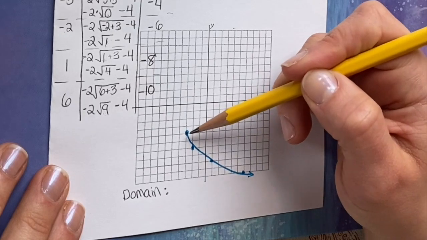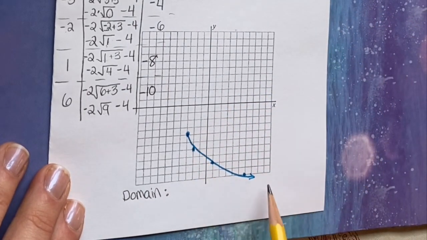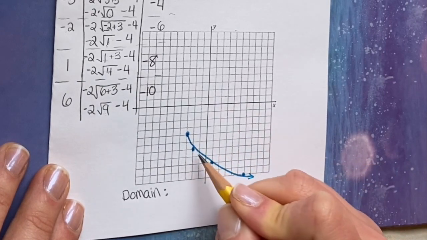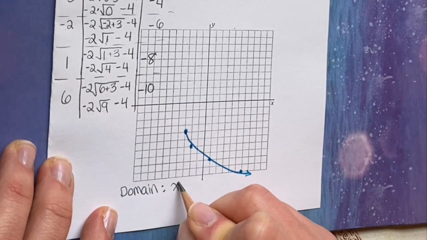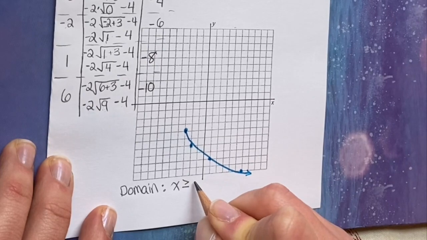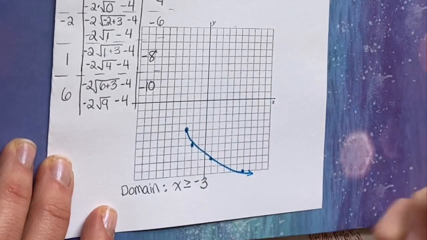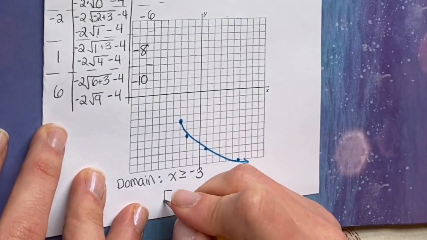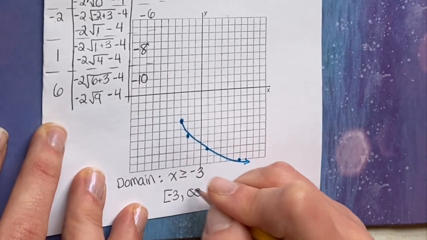So negative 3 is the lowest we can go, and then we just keep getting higher and higher as we move to the right. So as you're moving to the right, these x values are increasing. So here, our domain can be written as x is greater than or equal to negative 3. In interval notation, that would be negative 3, comma, infinity.